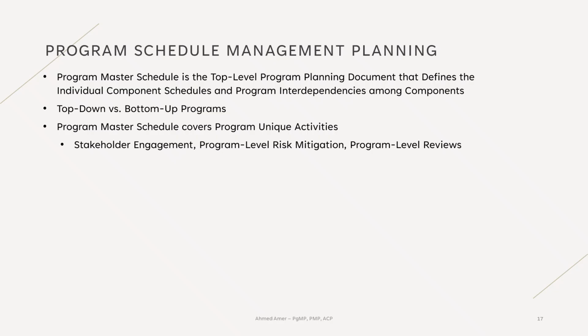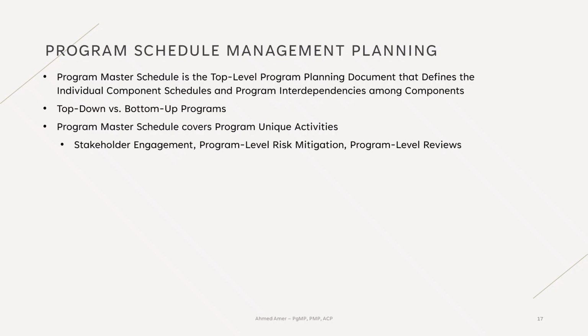It defines the timing of individual components, helps the program manager determine when benefits should be delivered, and identifies external dependencies. Yearly versions of the program master schedule typically show only the order of components, their start and end dates, and key interdependencies with other program components.